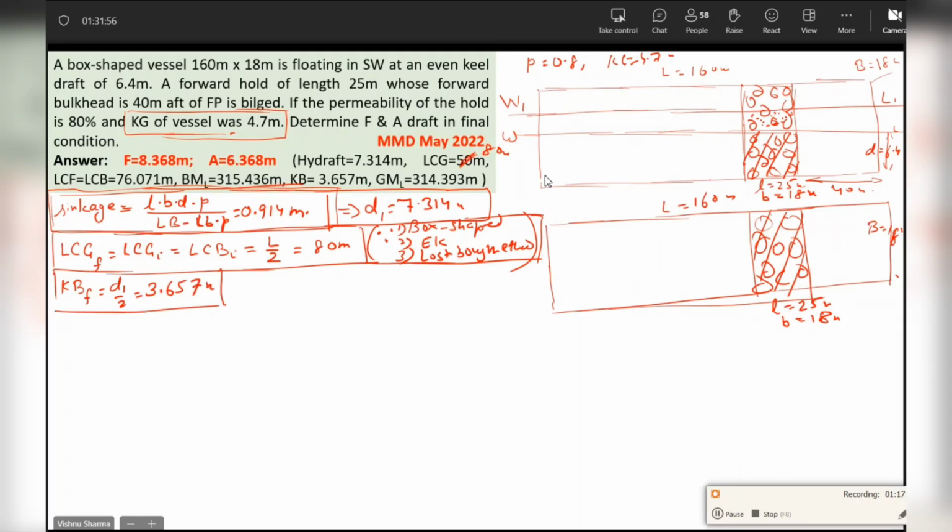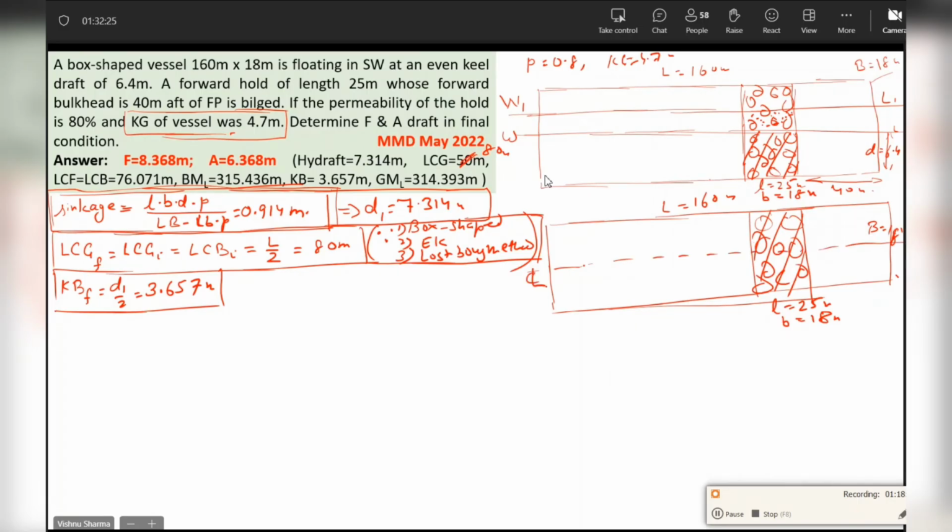Yes, sir. 3.657. Okay. Now, you will also need BMT. Why? Because the question scope has increased. Because KB plus BMT will give KMT and KMT minus KG will be GML. So let's also now get the BMT. You all know that the center of flotation will be on the center line somewhere for BMT.